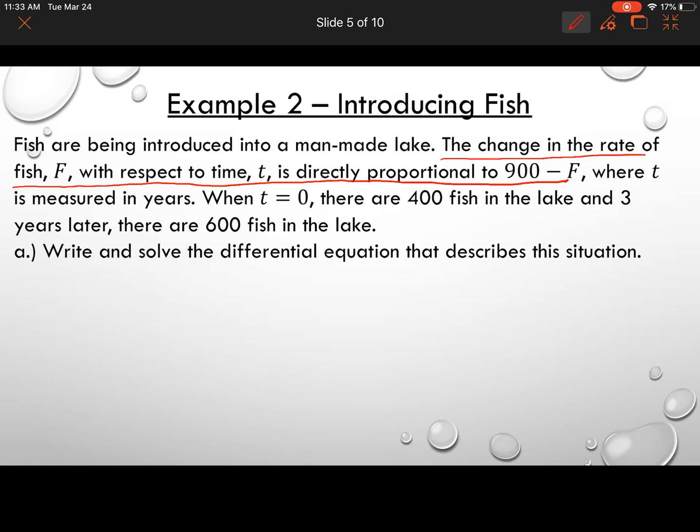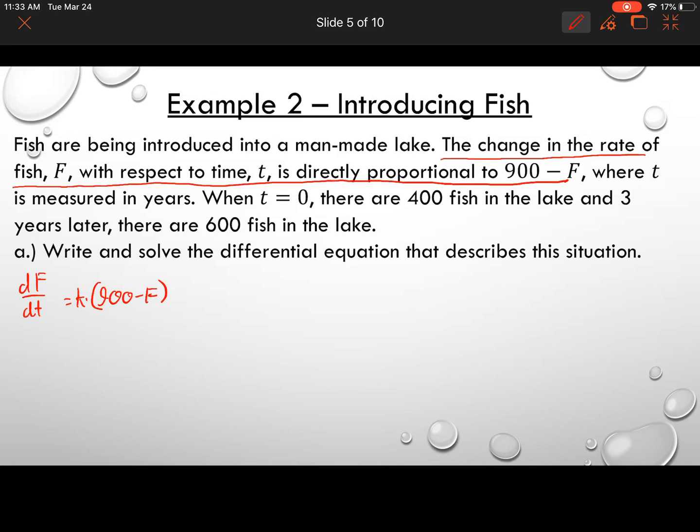So df over dt is directly proportional to 900 minus f. Directly proportional means that there's just some constant out in front being multiplied. So we have to find the solution to this, so let's get to it.